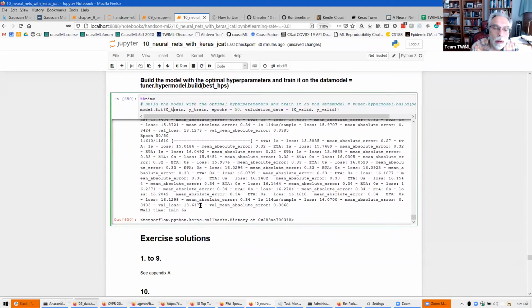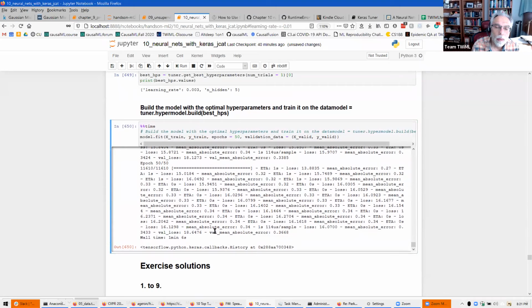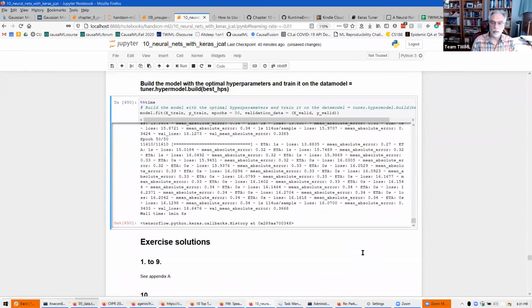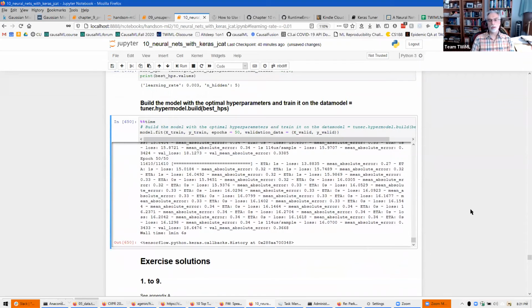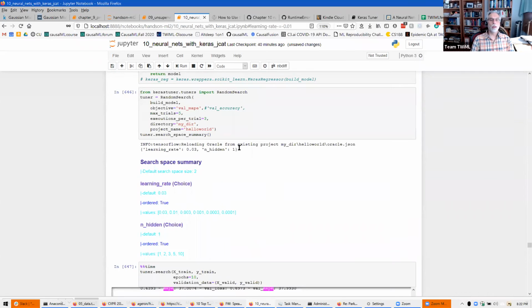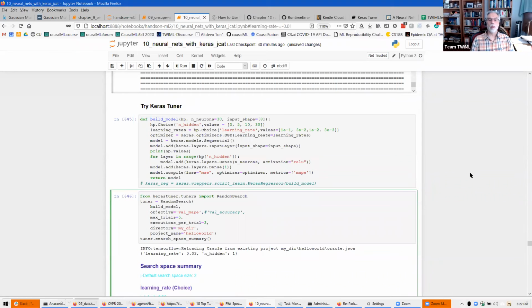I used mean absolute error; I didn't try the MAPE with this run. So again, it's like $60,000. But the point is that that's consistent with the result we got before with similar hyperparameters. So that shows that you can use Keras Tuner to do this hyperparameter search also.